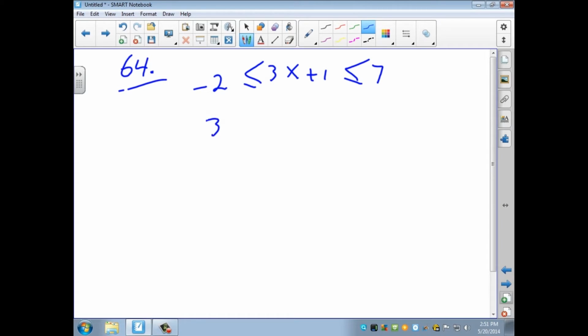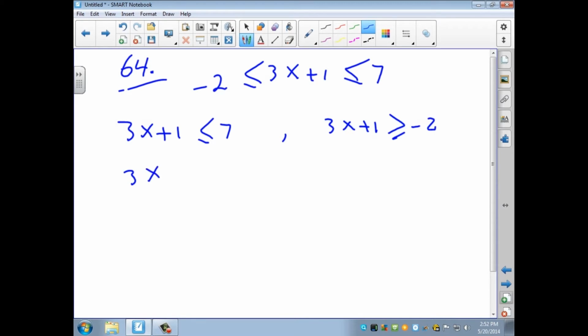You have 3x plus 1 less than or equal to 7, and you also have 3x plus 1 greater than or equal to minus 2. So you solve each one of them independently. So what do you do here? You can take 1 to the other side, or you can say you subtract 1 from both sides.